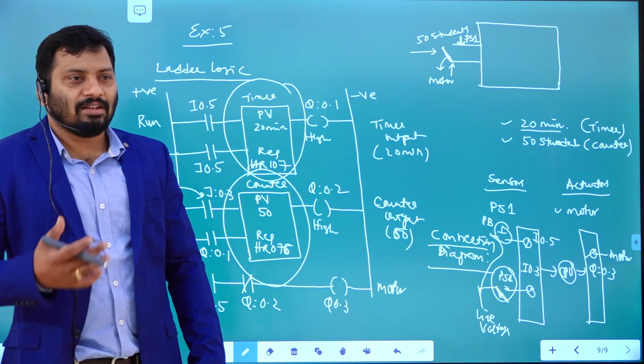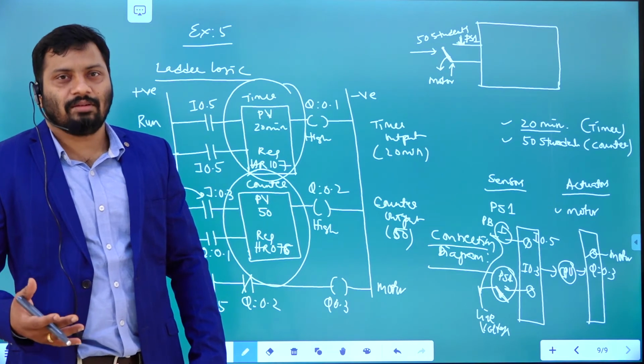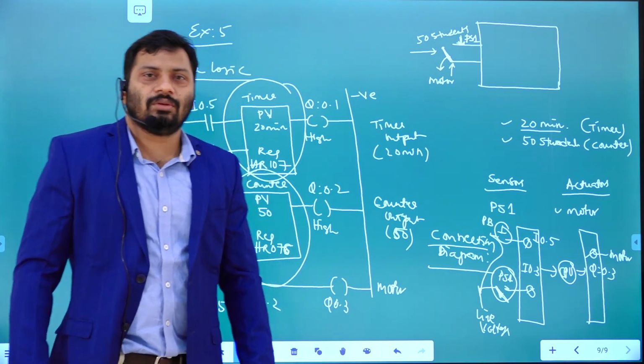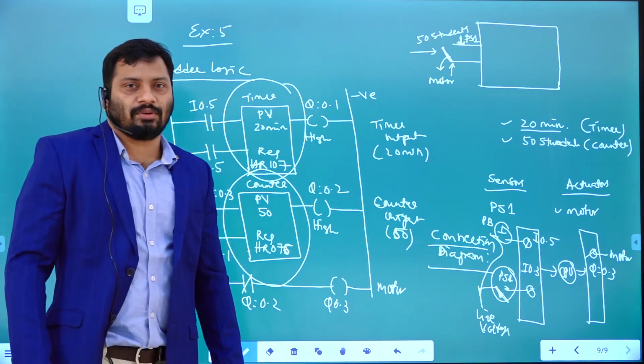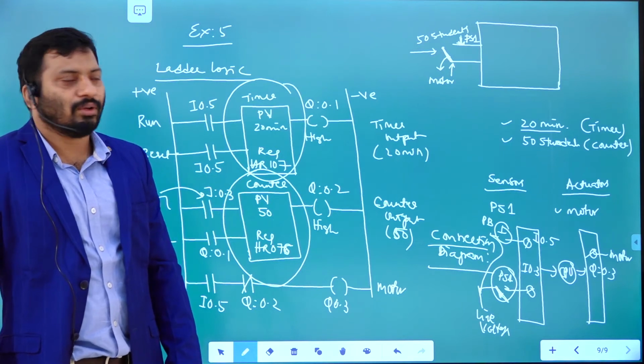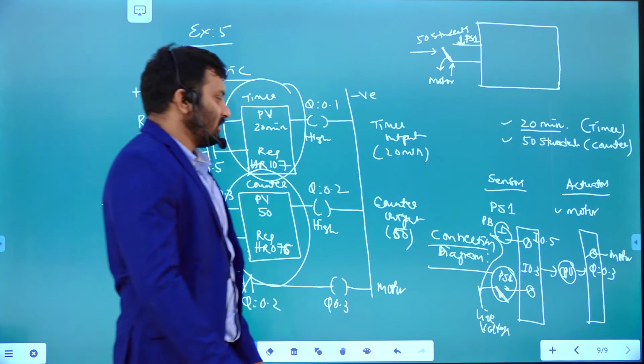This industry is able to put out 1000 bottles for a day. For a day means, for example, 8 working hours, and for a day 1000 bottles are going out, right? So to know that, you can also write a PLC logic. We'll see in the next example the rate of flow.